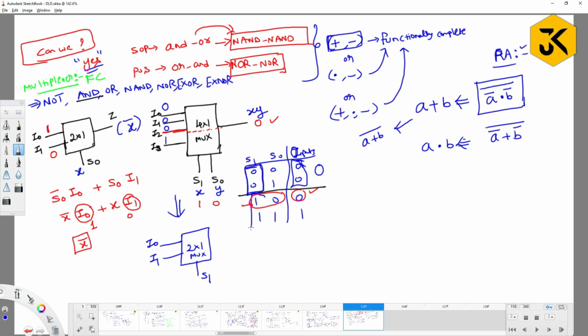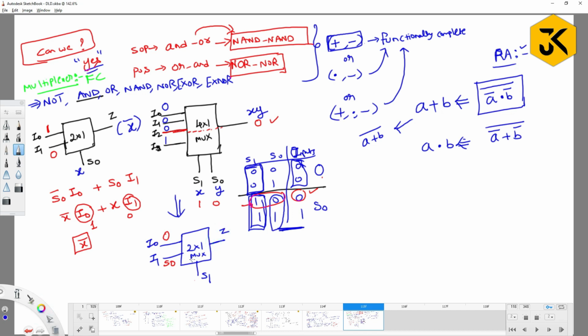For the inputs 1 1, what output are you expecting? Which is the same as S0. So can I write it here as S0? When you pass 0 as input, I0 should be selected, and I0 value is 0. And for I1, the input is S0. Then you get the respective output.